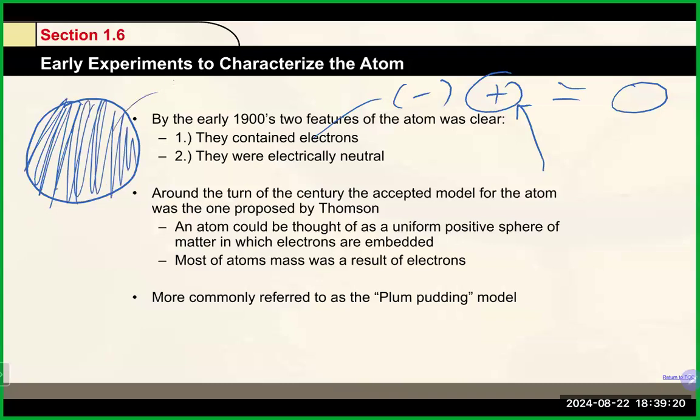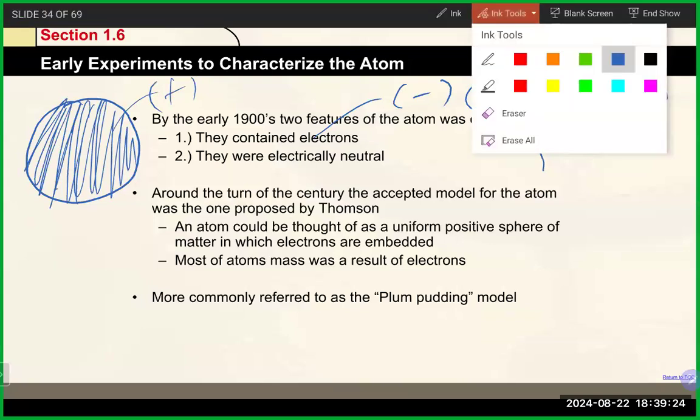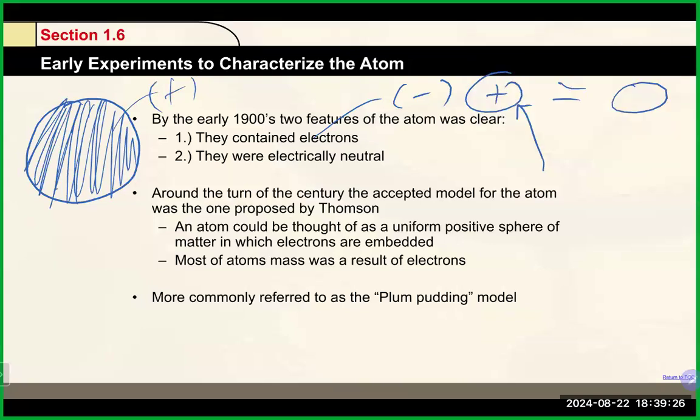And he said the electrons were to be found embedded inside the atom, like raisins, in what is referred to as the Plum Pudding Model. That is basically pudding with raisins in it.